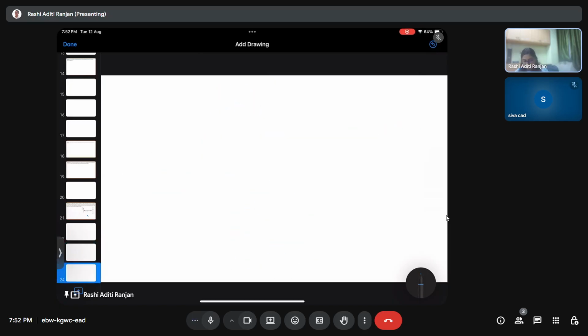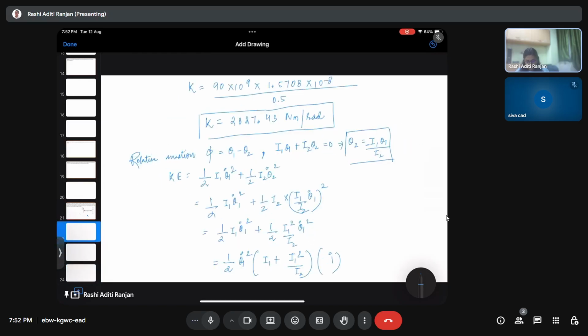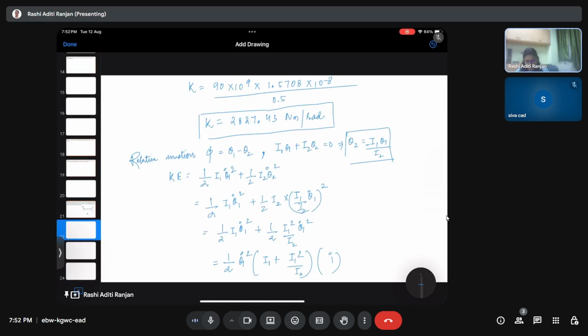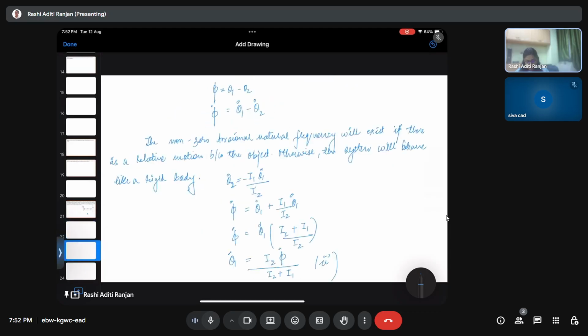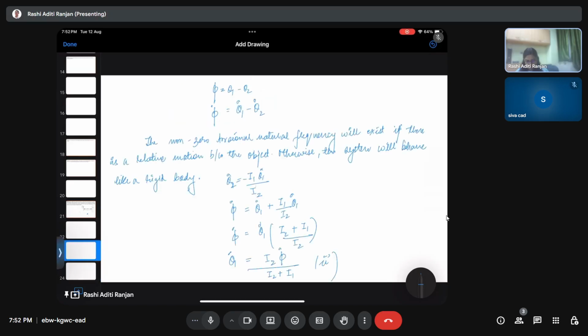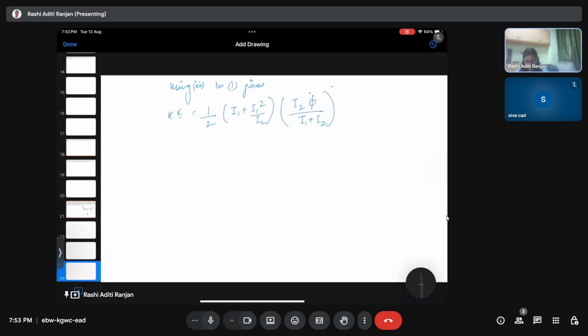So using 2 in 1 gives kinetic energy as half I1 plus I1 square by I2 into theta 1 dot, which was I2 phi dot divided by I1 plus I2, whole square.